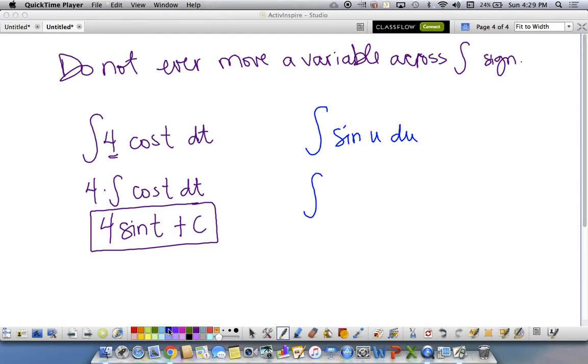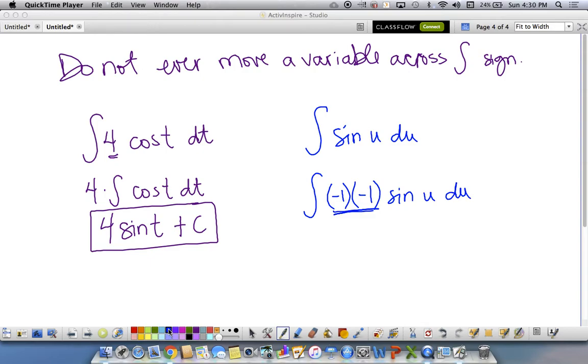So if I have the integral, and I really need this to be negative sine u du. Did I change anything when I multiplied negative 1 times a negative 1? No, I didn't, because that's still a positive 1. It's still a positive sine u du.